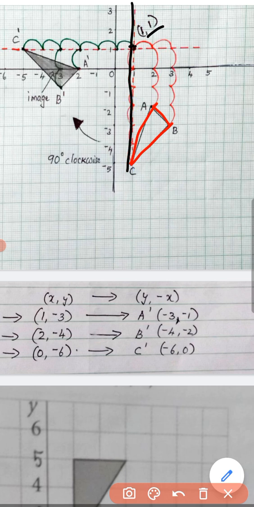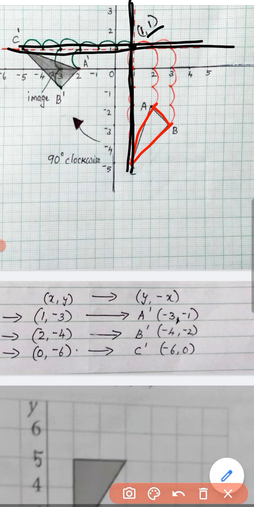Draw y-axis and x-axis through this point. Okay, that is our new x-axis and new y-axis. First mark this point. Imagine this is our origin and draw x-axis and y-axis through this point. Now we have to find our new coordinates of A, B and C. Okay, let us start from this point.